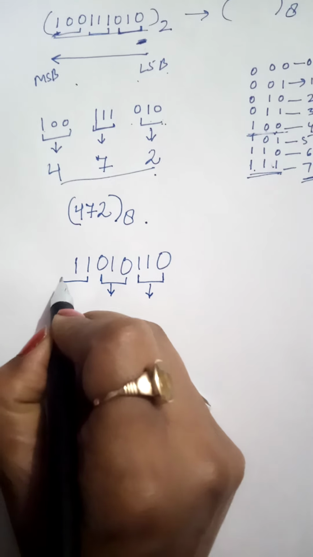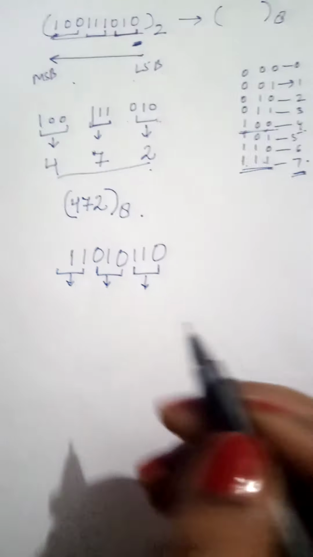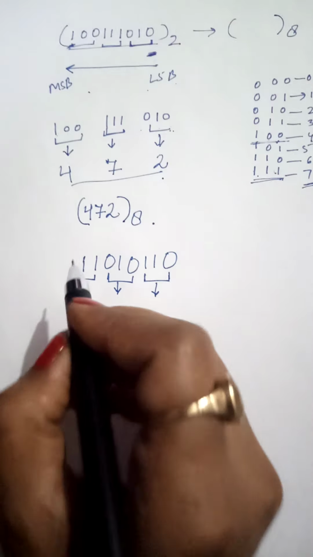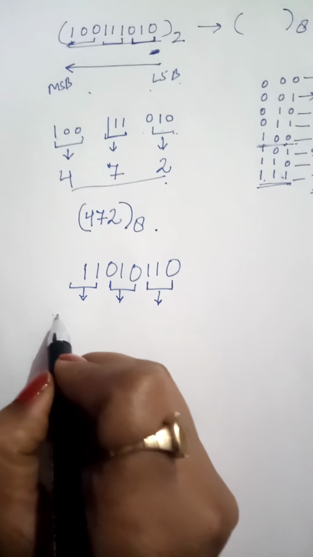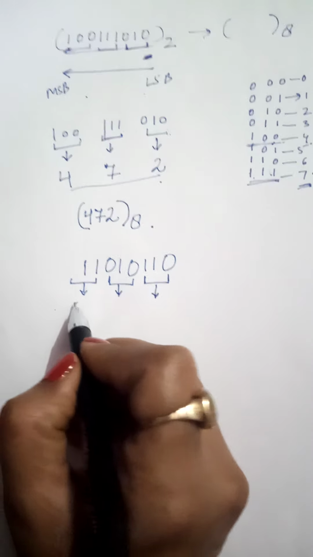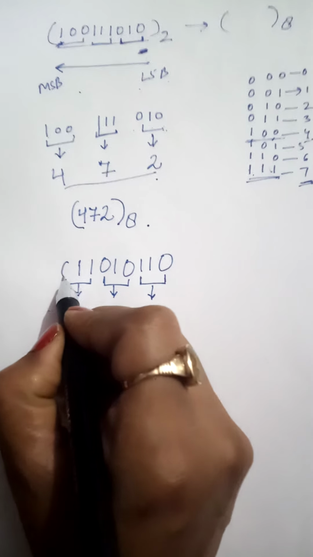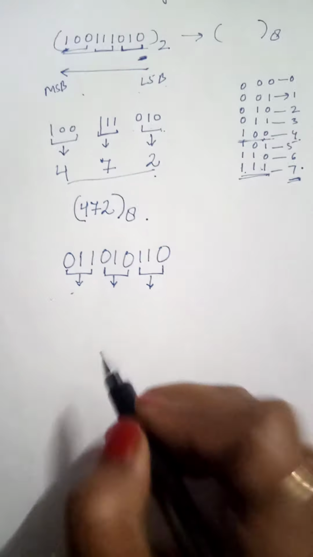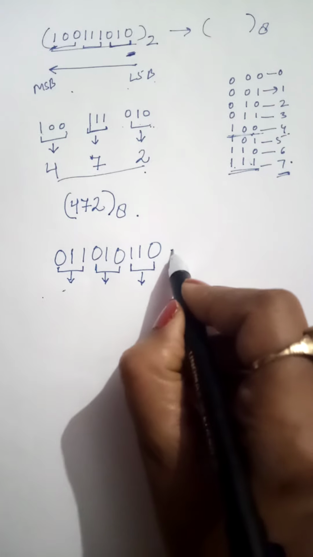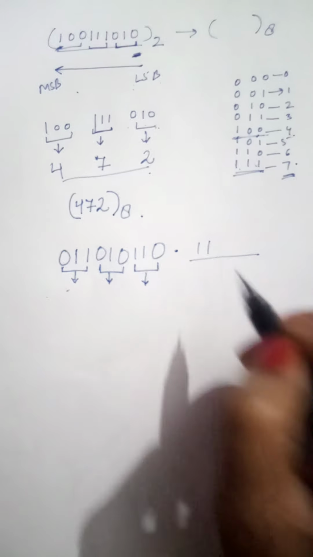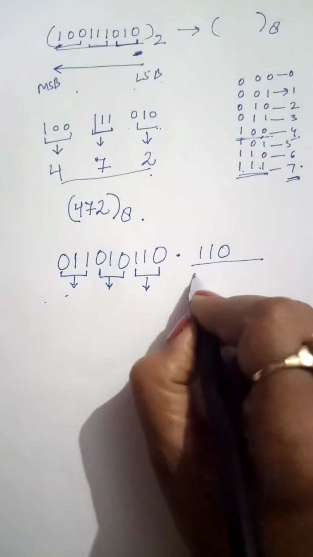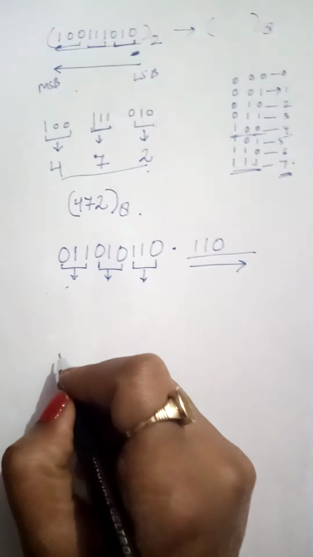Now there are only 2 bits. Okay, you will be adding in this direction. In integer part you will be adding 0 to the left side, and if there is some fractional part also like this, then you will be adding 0 in this direction.